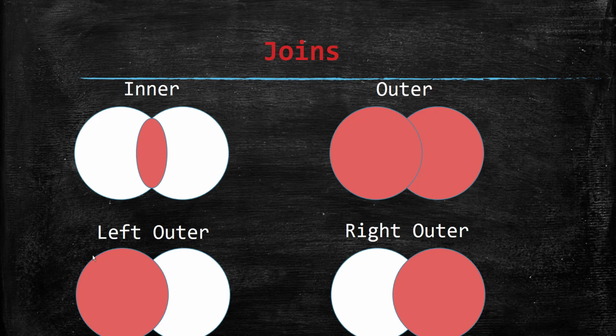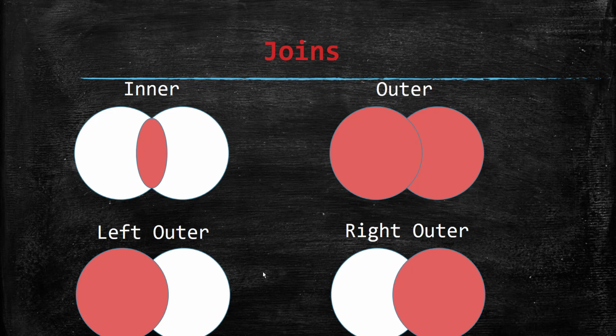So the left outer join will bring all the records from the left table, and whatever the common records we have, those records will come, but it will not consider records which are not common between left and right table. Similarly, right outer is the reverse of the left outer join.